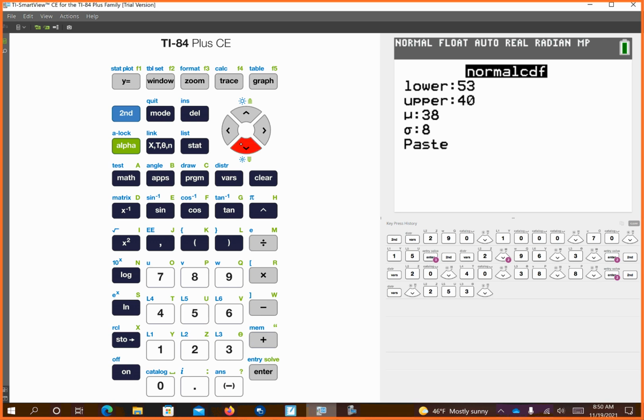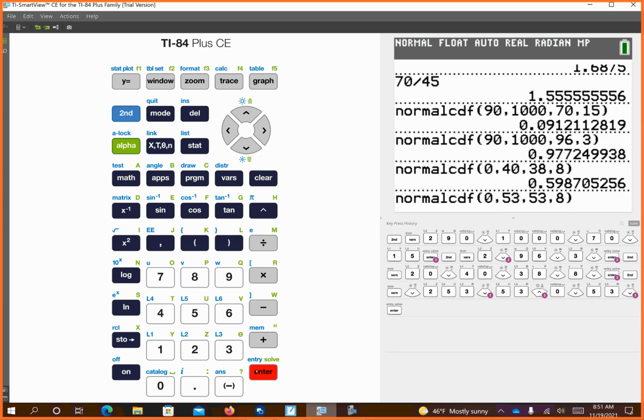Our standard deviation, oops, hang on, I got to change this. This is 53. Standard deviation is still going to stay 8. If I do 0 and then 53, okay, because he's still trying to make it on time. Okay, so this is going to find us the area that is below that. Okay, so normal CDF. Oh, wait, I think I goofed up.